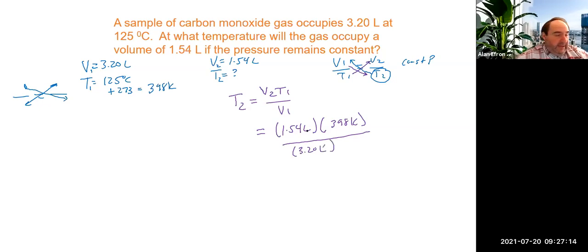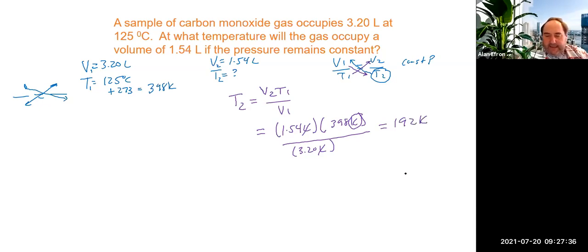Again, the liters will cancel. That's going to leave us Kelvin left over, which is good because we are looking for a temperature. And we get 1.54 times 398 divided by 3.2, which gets us about 192 Kelvin.